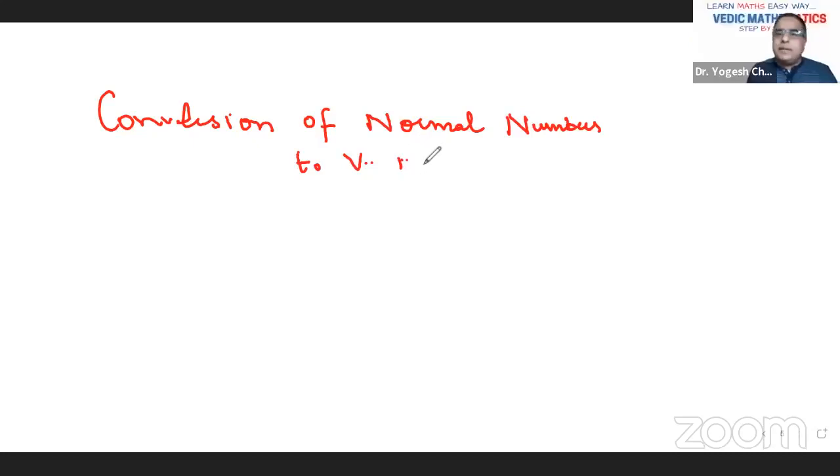There is some technical problem. So conversion of normal numbers to vinculum numbers. Now, for this, we have certain rules and we have to go accordingly, right?